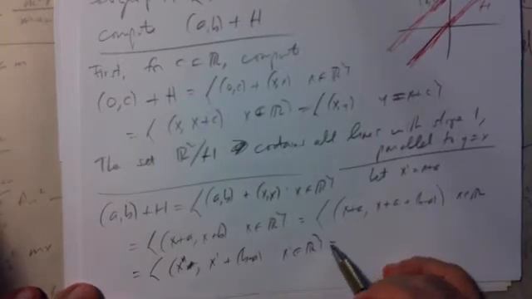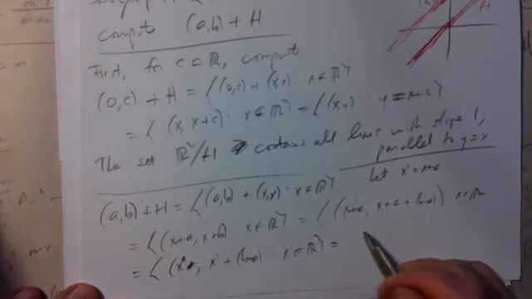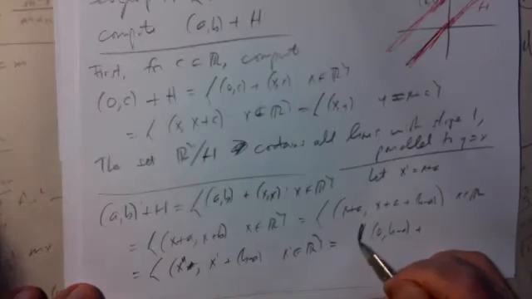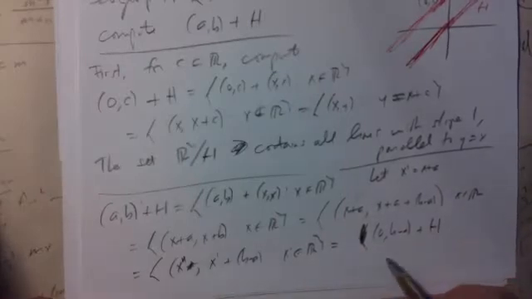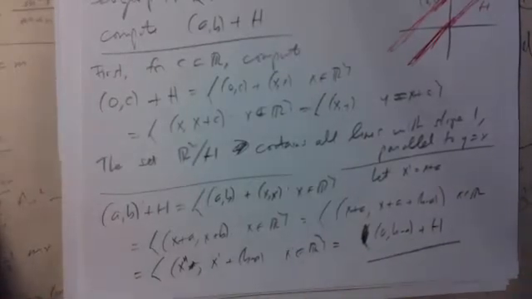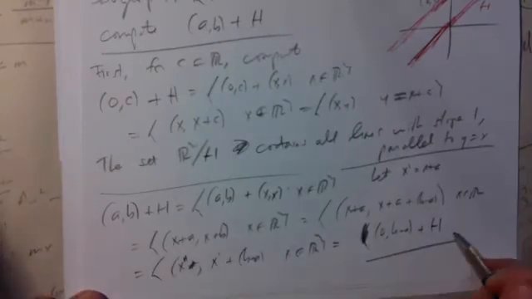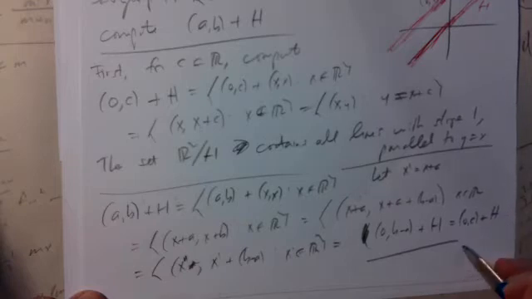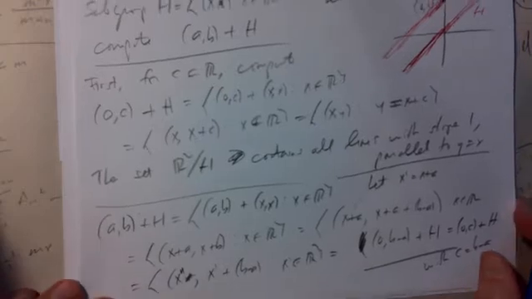But this is exactly the coset (0, b minus a) plus H. That is, I can write this as (0, c) plus H, with c equal to b minus a.